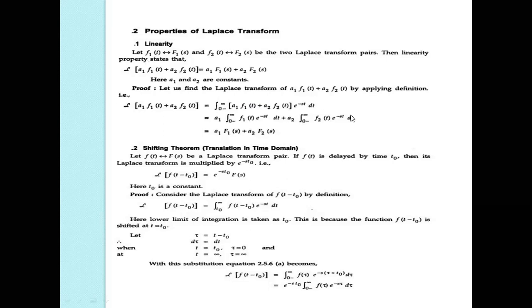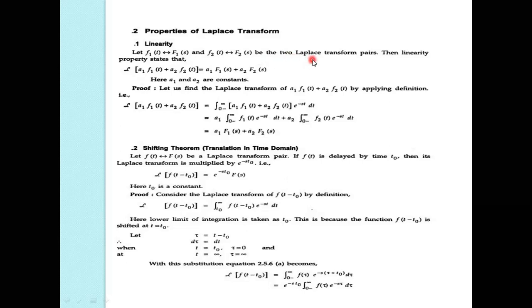The first one is the linearity property only. What is the linearity property? The statement is: f1 of t is the Laplace transform pair of f1 of s, and f2 of t is the Laplace transform pair of f2 of s.